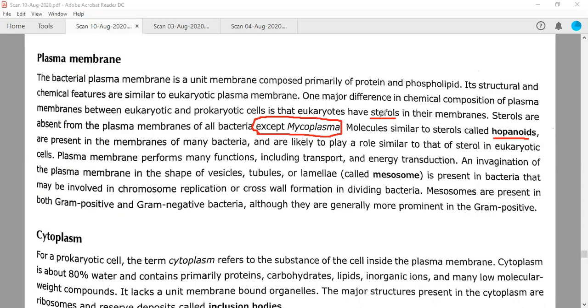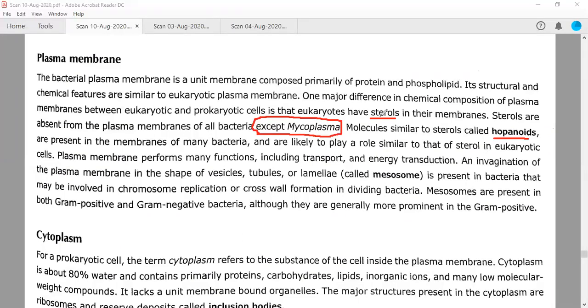Let me tell you one story first. We all know that when this earth was formed about 4.5 billion years ago, after about 1 billion years, about 3.5 billion years ago from today, the first organisms able to survive on earth were prokaryotes.